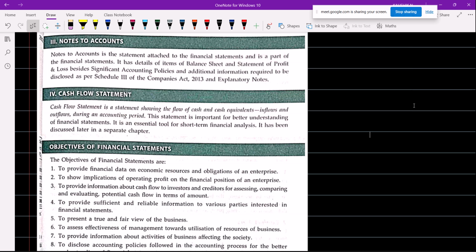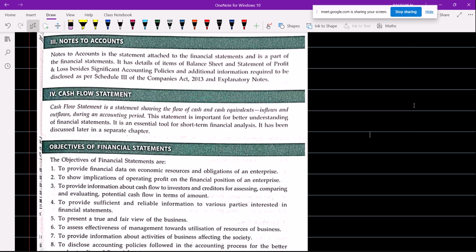I want you to answer the schedule that we are following to prepare the balance sheet of companies, the act that governs it, and which part of the schedule is used.